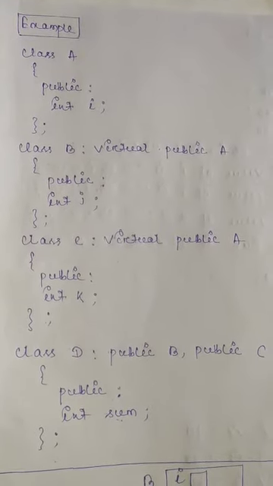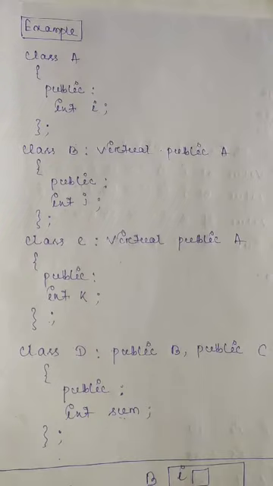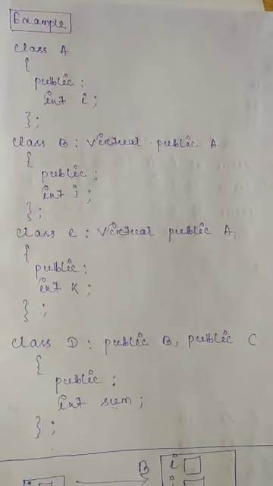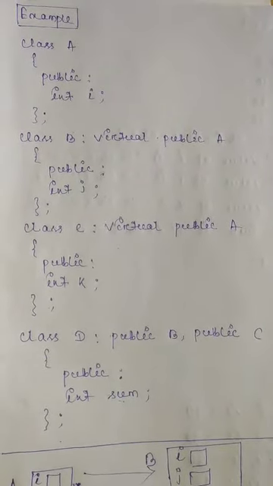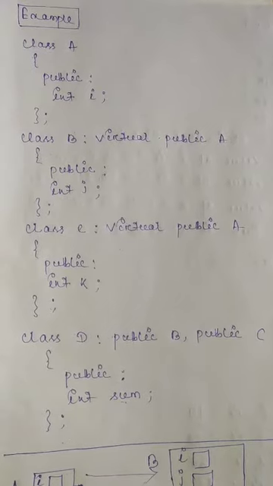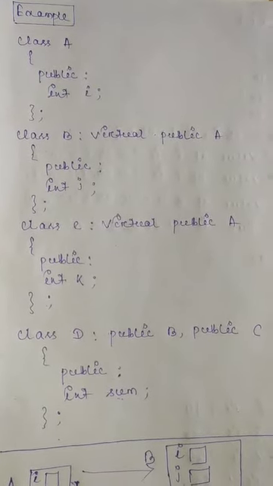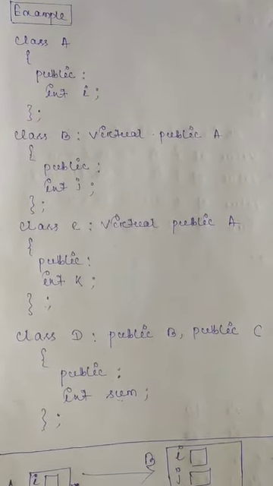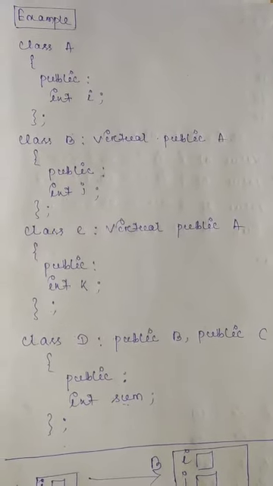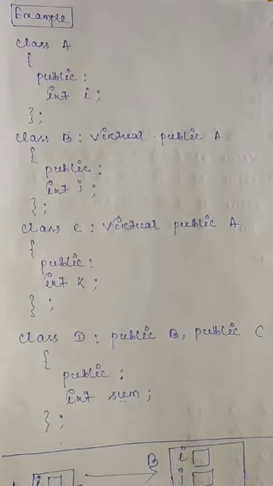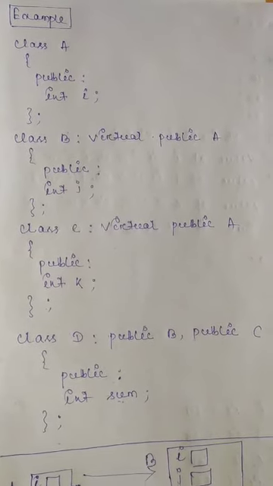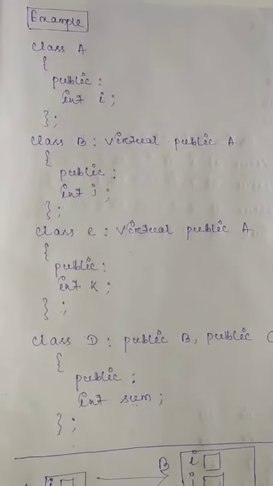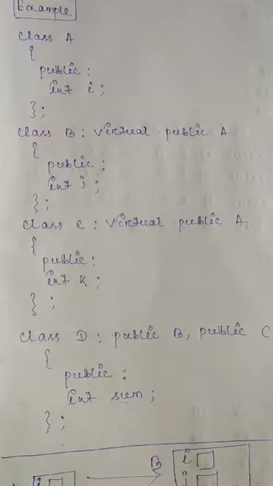Because if we derive one class from multiple classes, and those multiple classes are derived from one single base class, then the second level derived class may contain 2 copies of the data members of the main base class. To avoid these copies and this ambiguity, we use the concept of virtual. You have to remember this, and thank you.